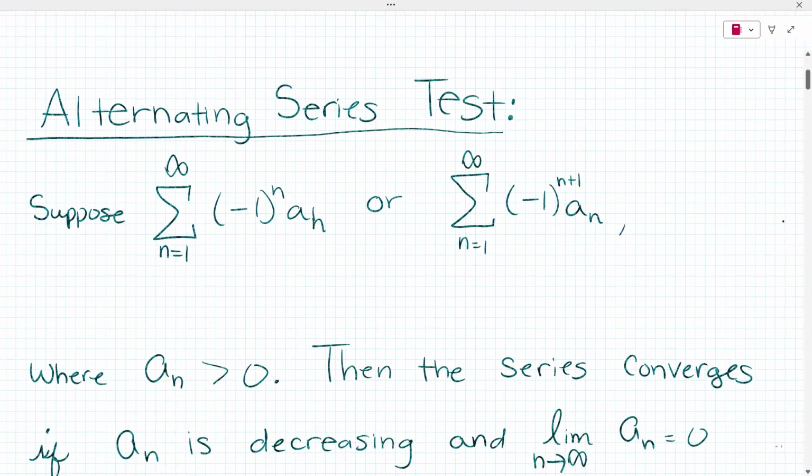The rule states if a_n is greater than 0, then the series converges if a_n is decreasing and the limit as n goes to infinity of a_n equals 0.